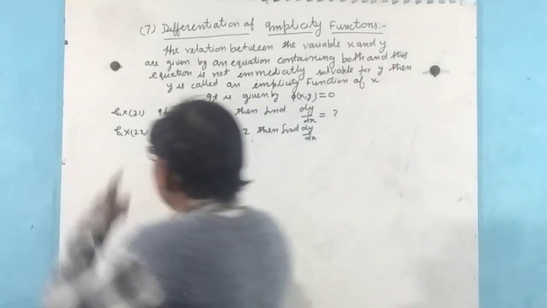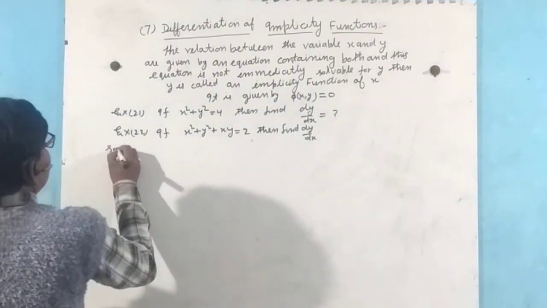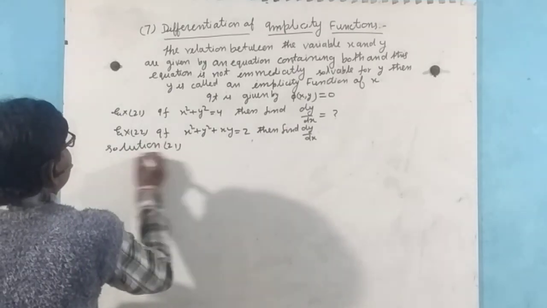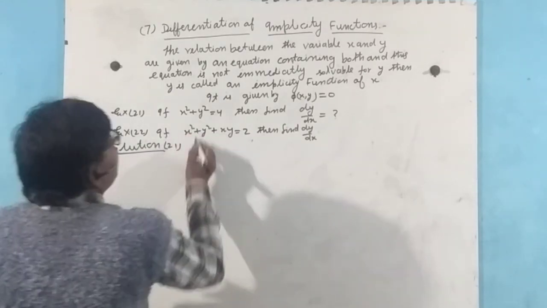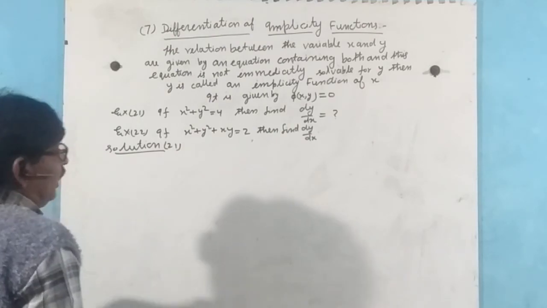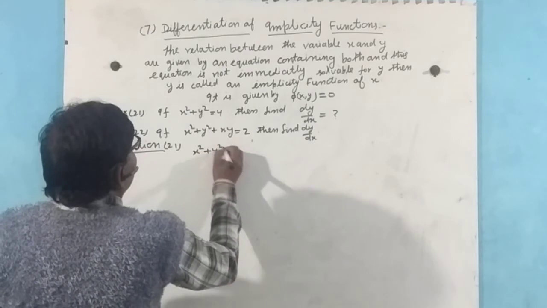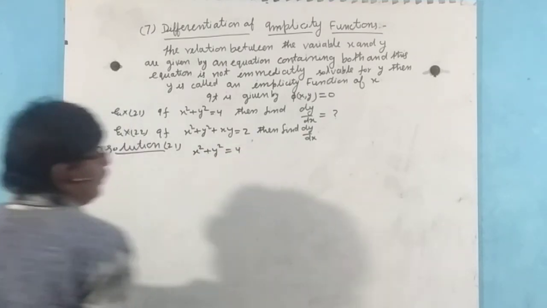Now solution of 21. Here the implicit function in x and y is given that x square plus y square equal to 4.